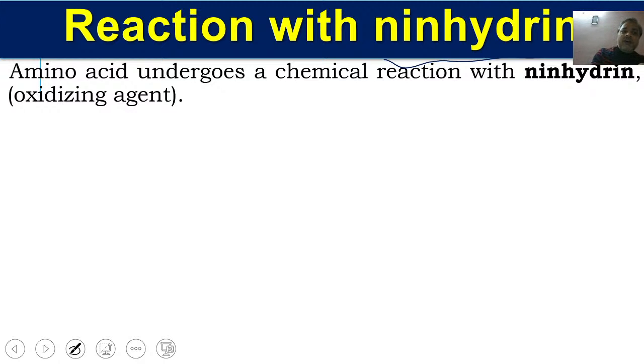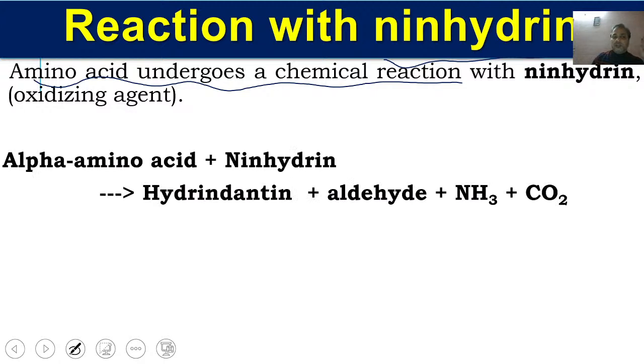The amino acid normally reacts with ninhydrin and gives you a purple color formation. Wherever we have an alpha amino acid, whether it is alone, in protein form, in glycoprotein, or in any other form, it reacts with ninhydrin.